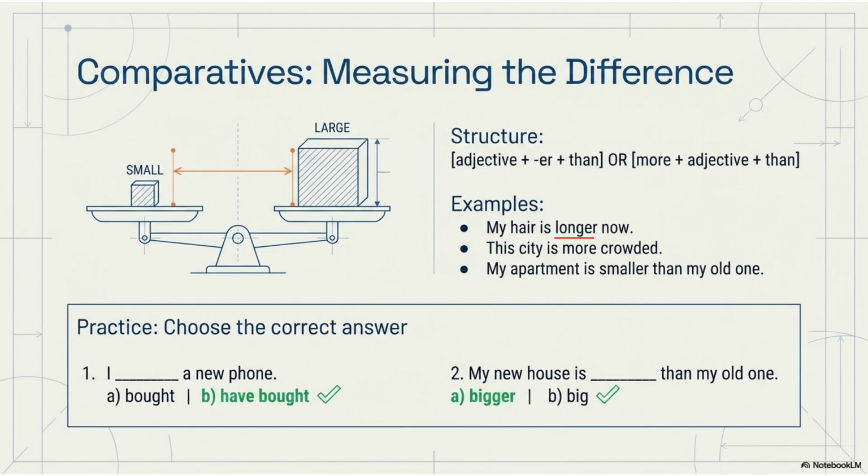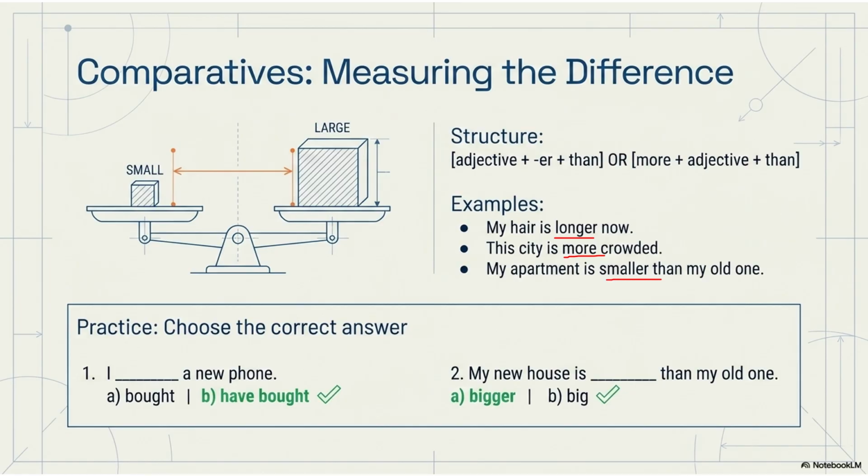Well, if your hair is longer now, it's because before it wasn't, right? Another example, this city is more crowded. If the city is more crowded, it's because before it was not as populated as it is now. So now we have more people, but before we didn't have so many people.